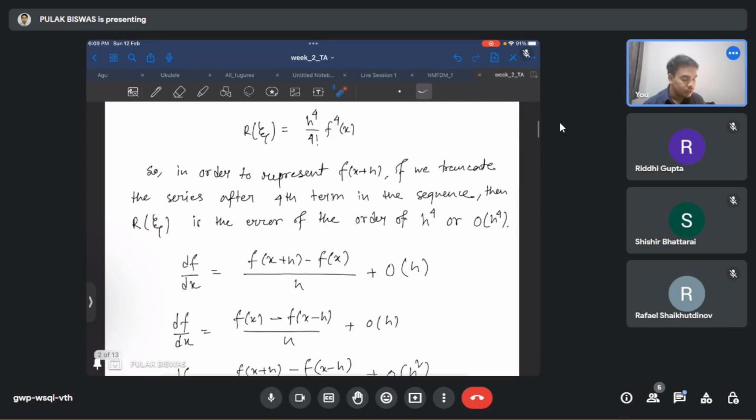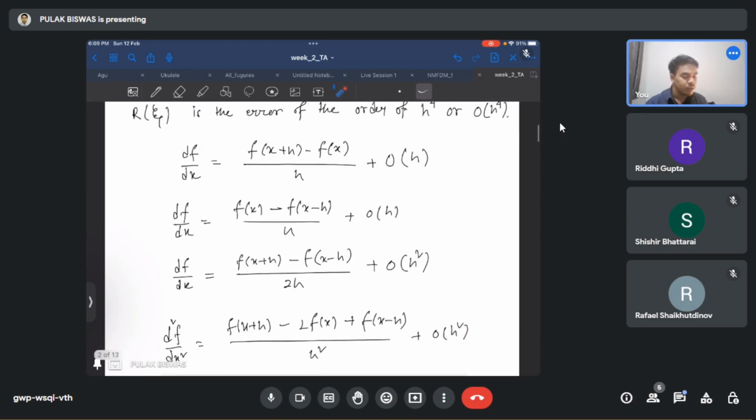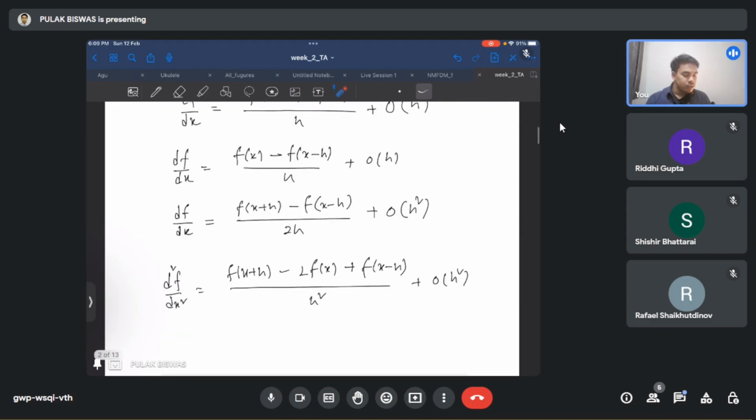Similarly, for backward difference, we again get the order as h. But for central difference, we have to truncate the h squared term, including the h squared, and similarly for the second derivative as well.